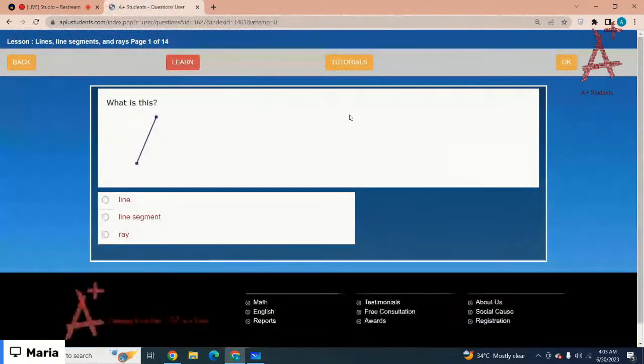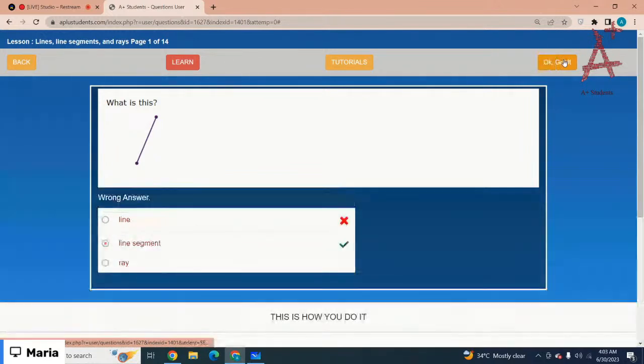Okay, what is this? Line, segment, ray, which is the correct option? This is a line because it has two endpoints. Oh, sorry, line segment it is, because it has two endpoints.